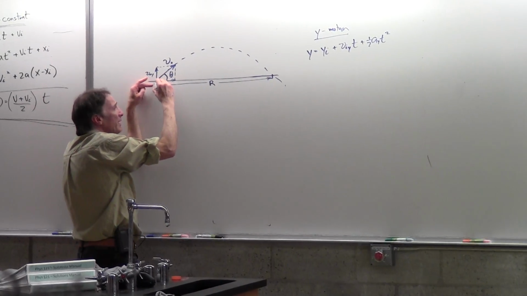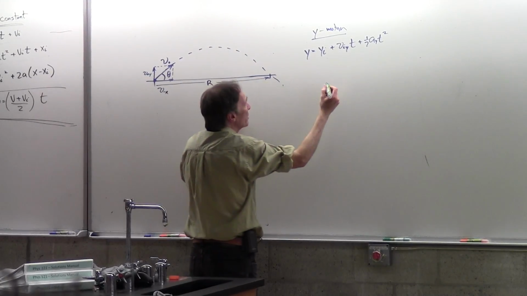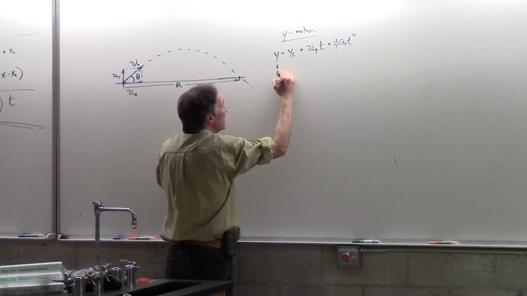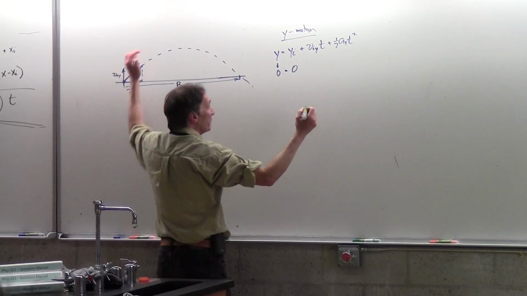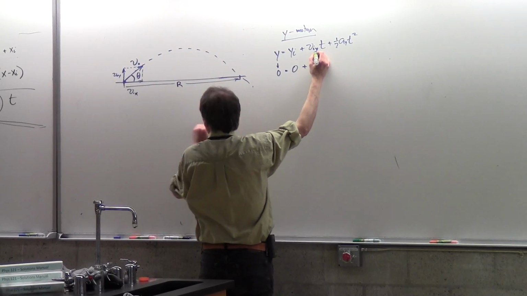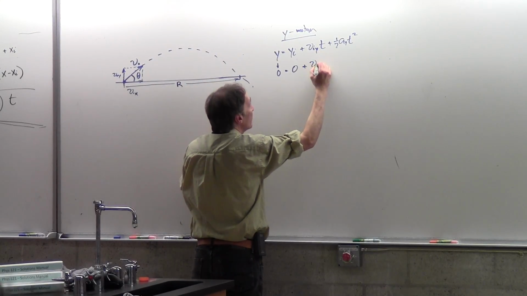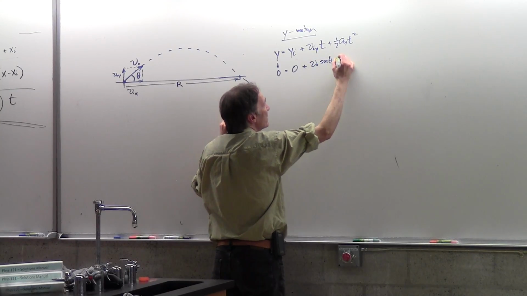So it's going to start here at 0, and I want it to go all the way over here and end at 0. So I want this to be 0 is equal to the initial position, which was 0, from when it takes off to when it's back on the ground, plus the initial velocity in the y, which should be the initial velocity times the sine of theta times the time.